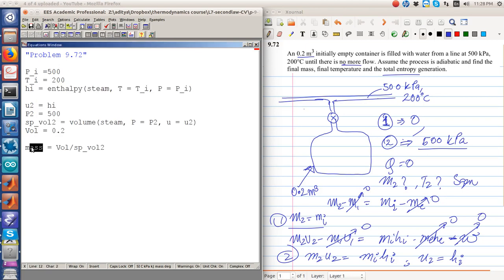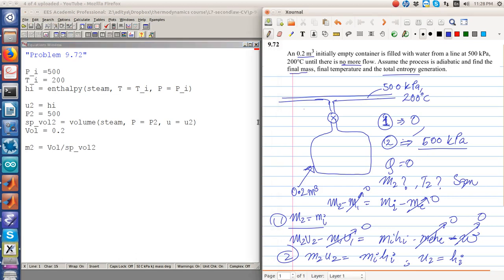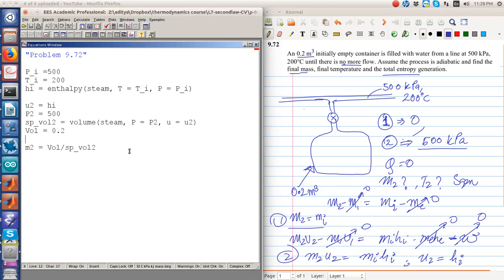This is basically m2. Okay, so we know what the final mass is. What is the final temperature? That is very easy. T2 is equal to temperature of steam at P equal to P2, U equal to U2.